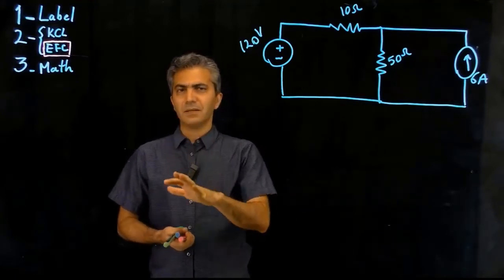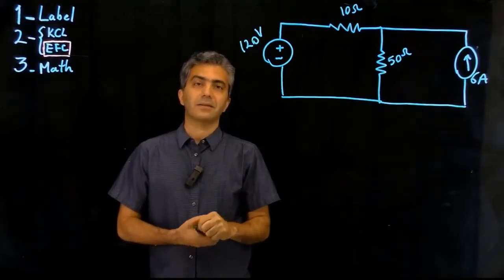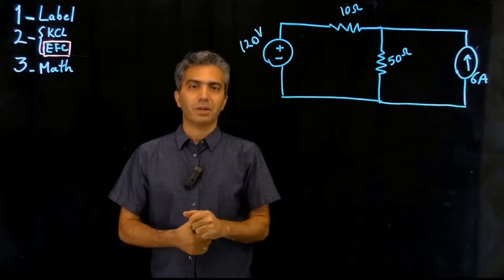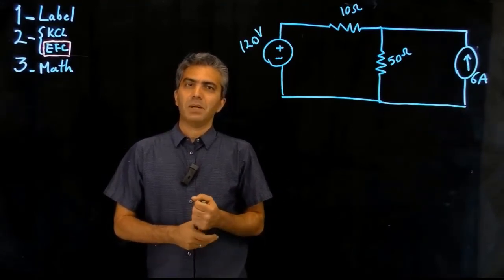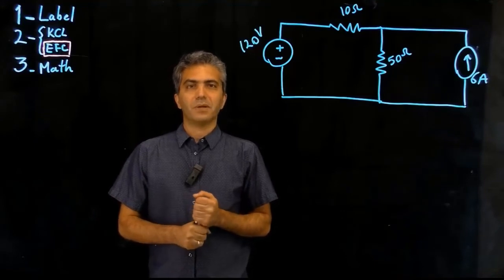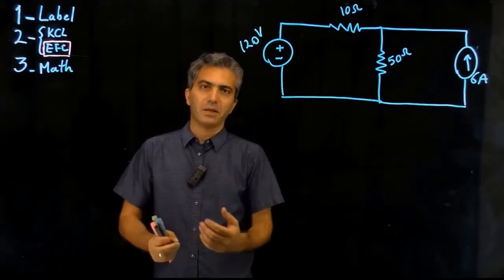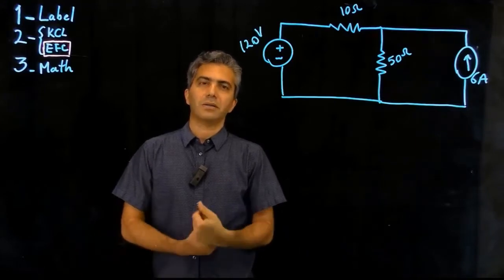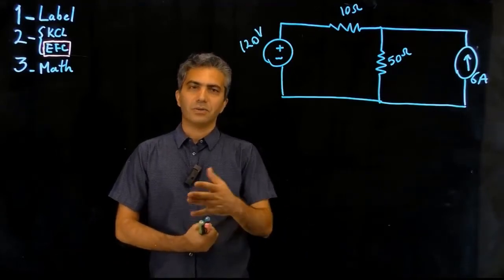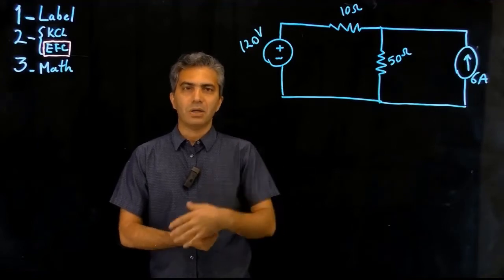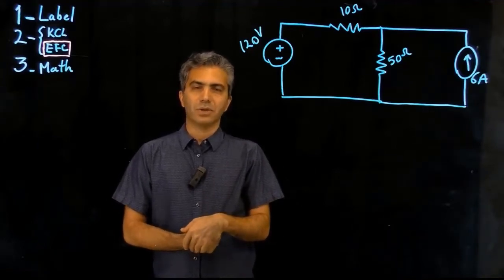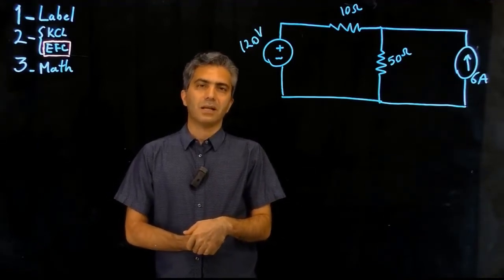In essence, all these circuit analysis techniques, no matter what book you pick, are the same, but the approach is slightly different. And I'm hoping that by comparing the approaches, you can actually connect the unifying concept behind it, so that you don't get confused by how one author or the other does the circuit analysis.